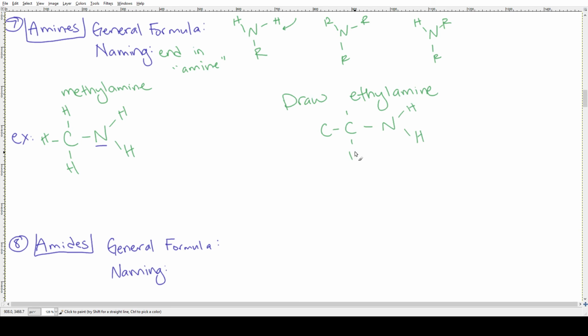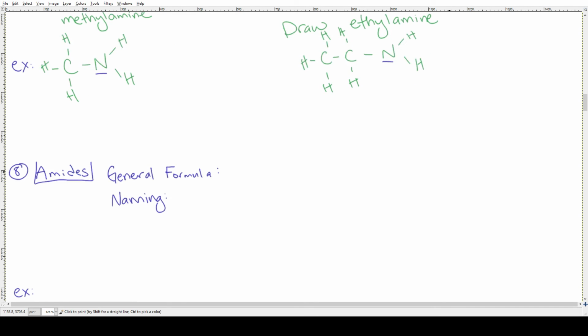Carbon forms 4 bonds, so let's draw those on there. 1, 2, 3 hydrogens. And if I was going to include valence electrons, I'd need to show this nitrogen has valence electrons on it. If I wanted to draw this more accurately, those hydrogens would probably be pushed up away from that electron pair. Okay, so there are amines.